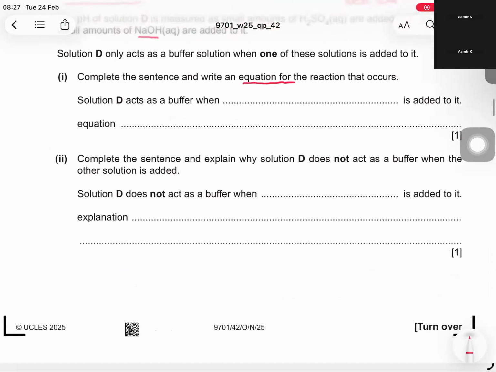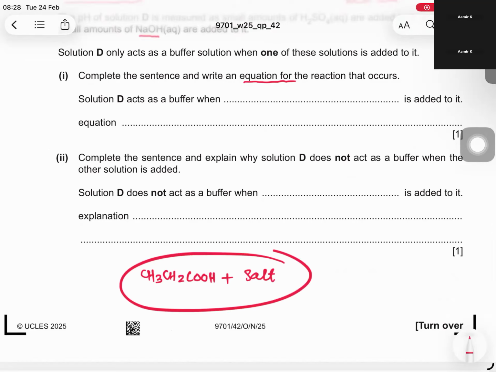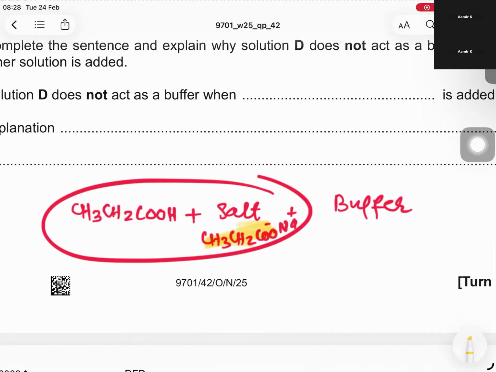Now, for the buffer concept, you must understand CH3CH2COOH is a weak acid, and when it is mixed with its salt, then it becomes a buffer, not any other salt. इसका अपना salt होना चाहिए. इसके अपने salt से क्या फायदा होगा? Because it is going to provide the conjugate base. The salt provides the conjugate base.